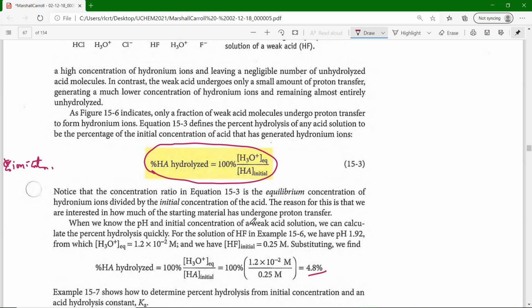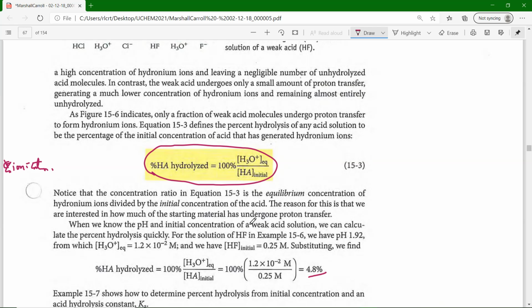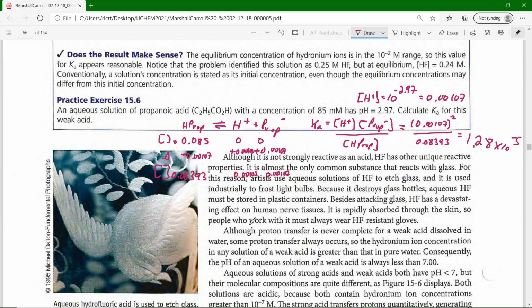And since I did all that work, we might as well do the practice exercise there. For this propanoic acid, the percent ionization or hydrolysis would be 100 times how much H3O plus at equilibrium, 0.00107, over what we started with, 0.085.